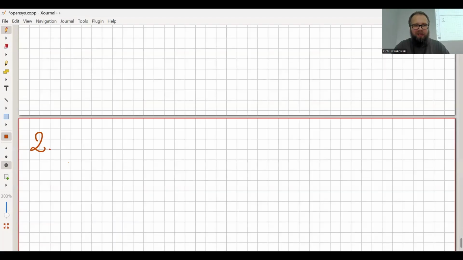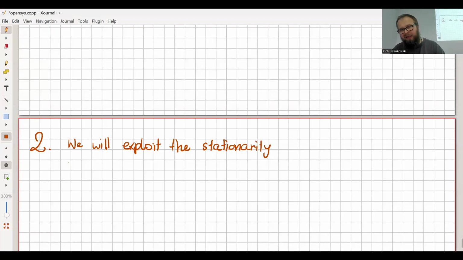Second step. Before we employ an actual approximation, here we will exploit the stationarity of the environment to transform the supercumulant.